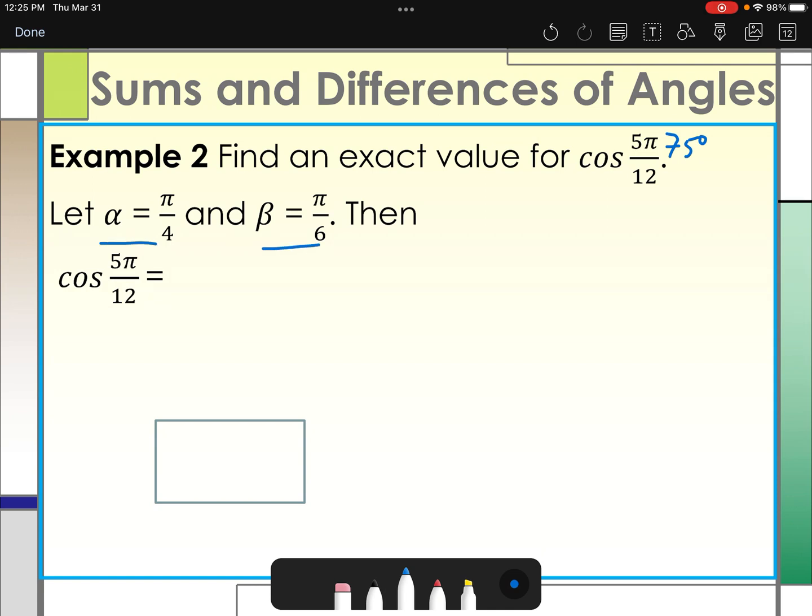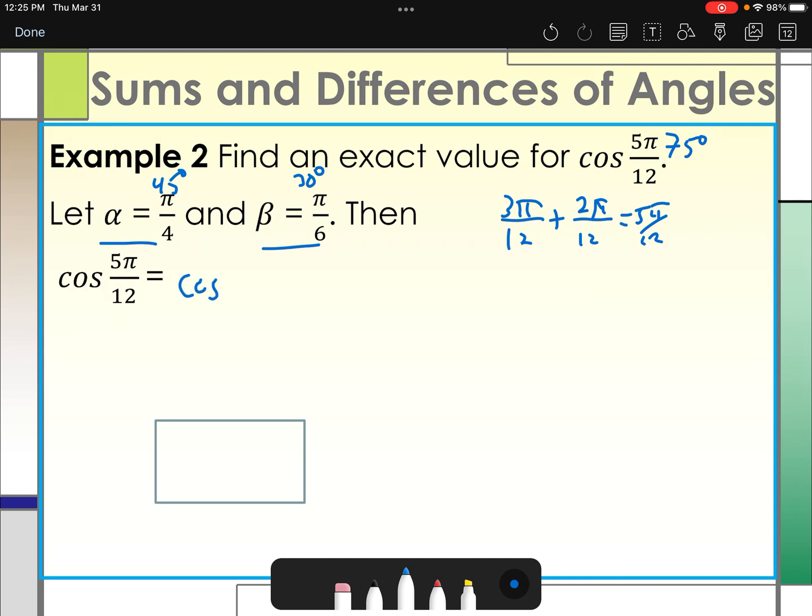So, again, we took the liberty of putting in pi over 4 and pi over 6 as our angles, okay? Well, this is 45 and this is 30, so that adds up to 75 if we're worried about fractions, but it's really just 3 pi over 12 plus 2 pi over 12, which is 5 pi over 12.